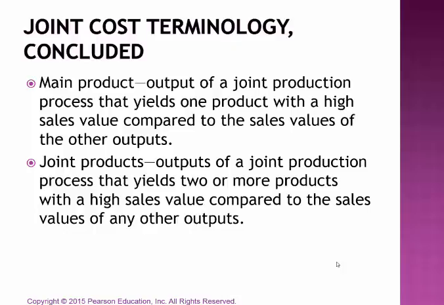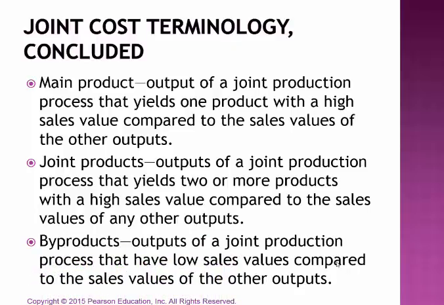Joint products, like I mentioned earlier, are outputs of a joint production process that yields two or more products with a high sales value compared to the sales values of any other output. So we can have a main product, or we can have joint products. We can also have what are called byproducts.